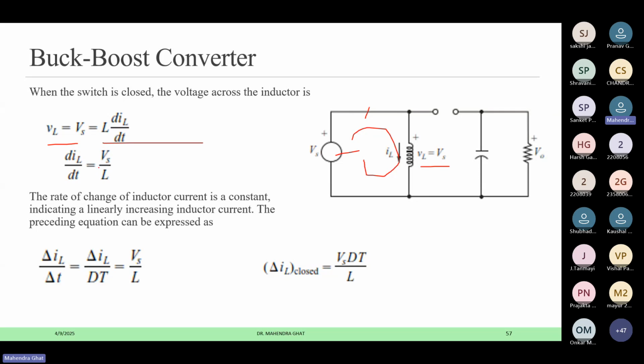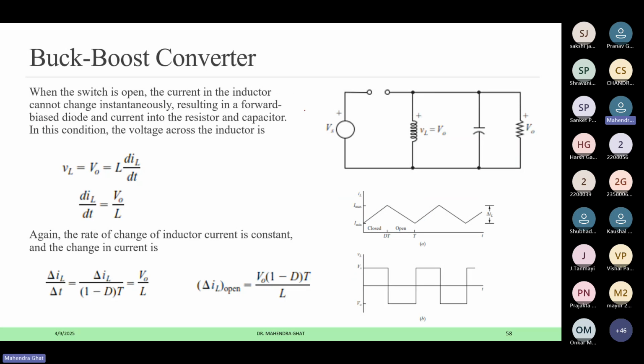So dIL by dt is equal to VS by L. Similarly, if I take the dt to this side and integrate on both sides from 0 to dT, I will get delta IL closed is equal to VS by L into dT. So this is the equation I got when the switch is closed.